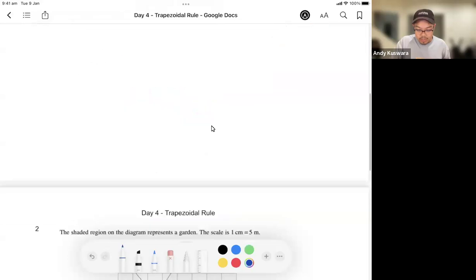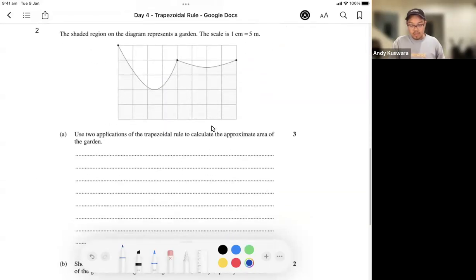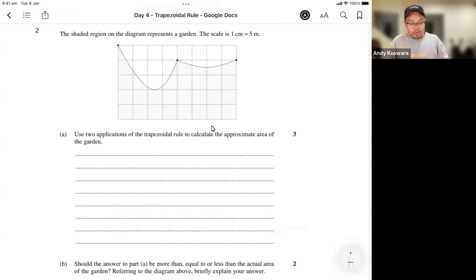Okay, now your second question is slightly different. There's a lot going on here. It says the shaded region in the diagram represents a garden and the scale is 1 centimeter equals to 5 meters. Use two applications of the trapezoidal rule to calculate the approximate area of the garden. So just remember the shaded region is the garden.